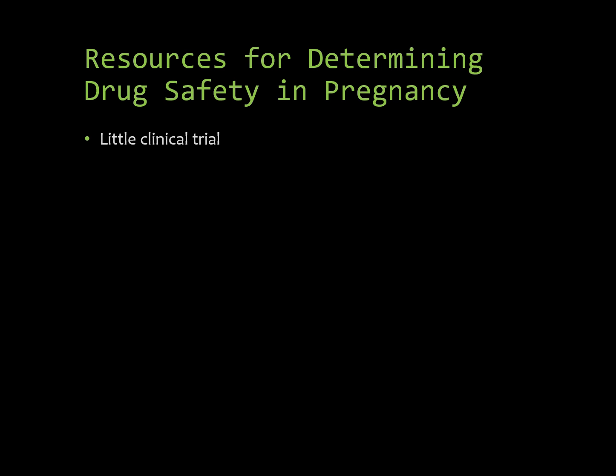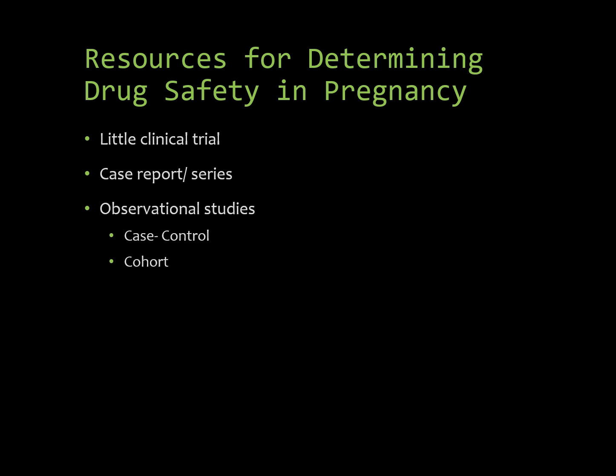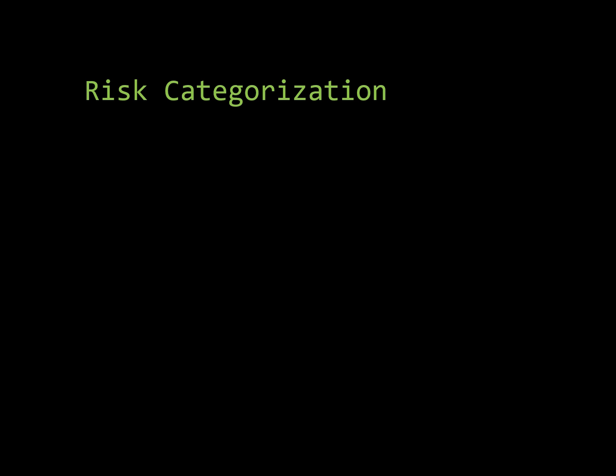It's usually obtained from animal studies and observational studies, or from case series and reports, case control or cohort studies, or even cross-sectional studies. And the site motherrisk.org gives concise and good information regarding various drugs and their effects in pregnancy, whether they are harmful or safe.